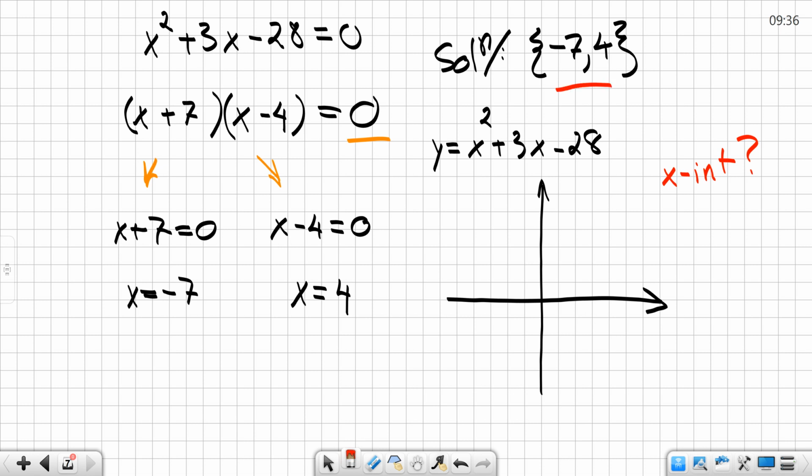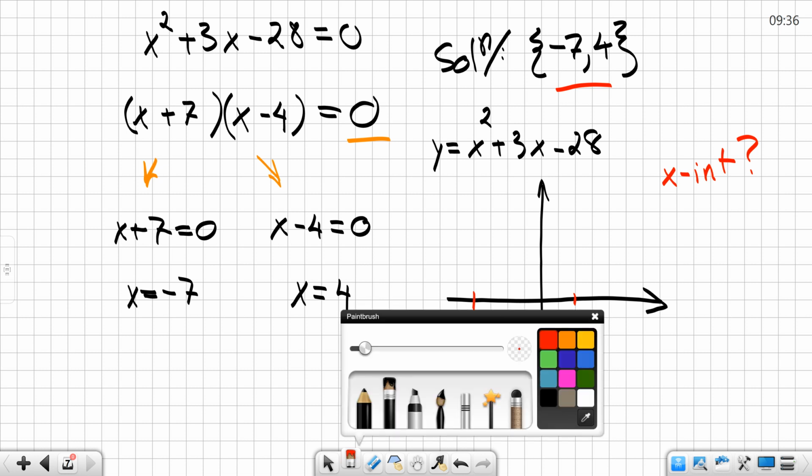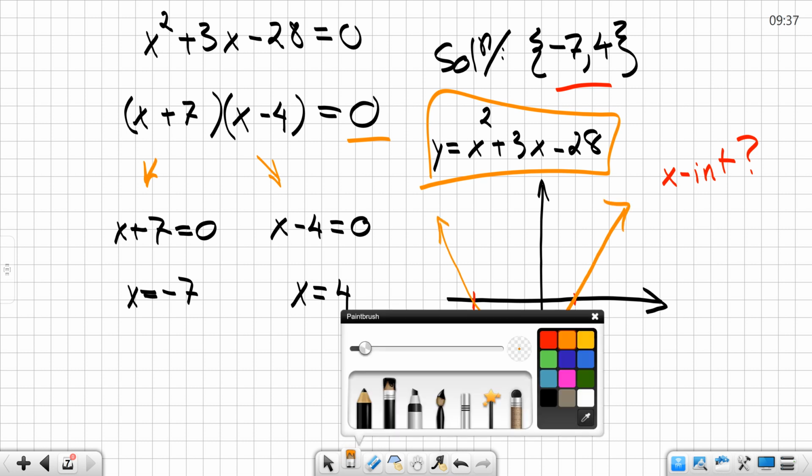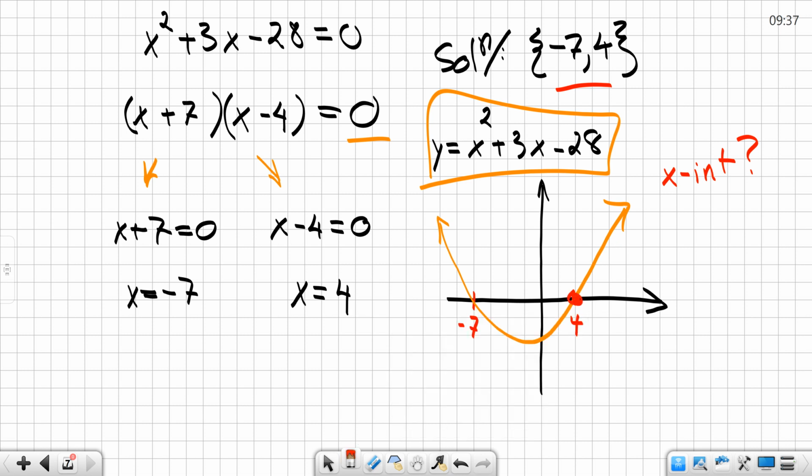Well, here we have them. Let's just say this one right here is positive 4, and that right here is negative 7. Then I'm going to tell you right now that this graph would roughly look like this. Not a very pretty graph, but it's okay. We know where the x-intercepts were, because they were the solutions to this equation right here.